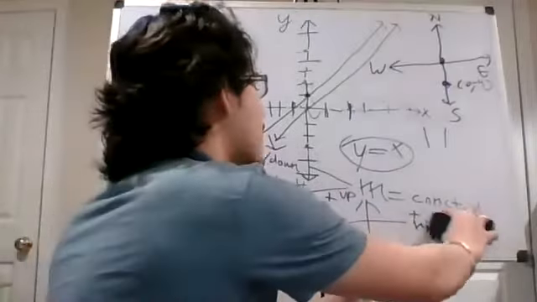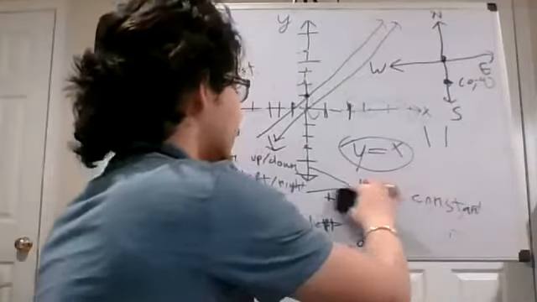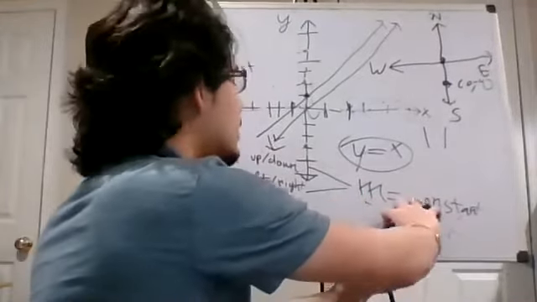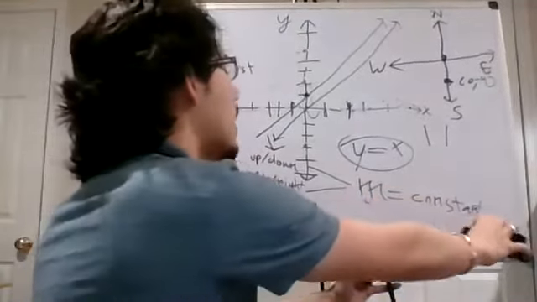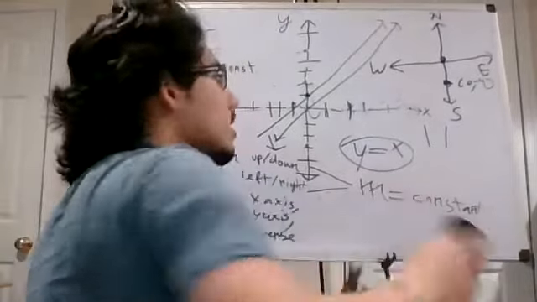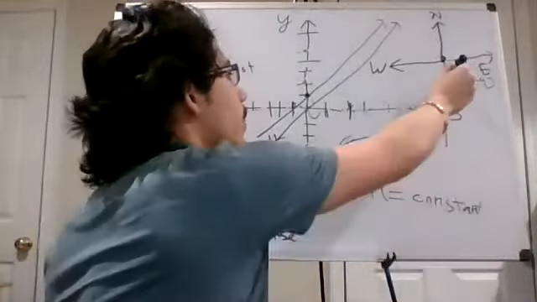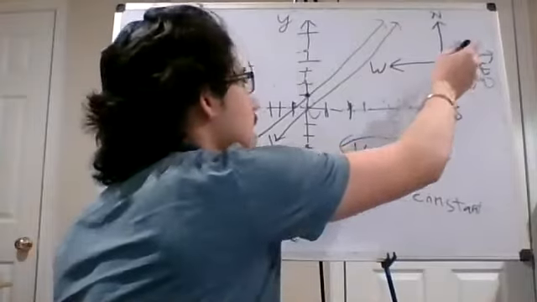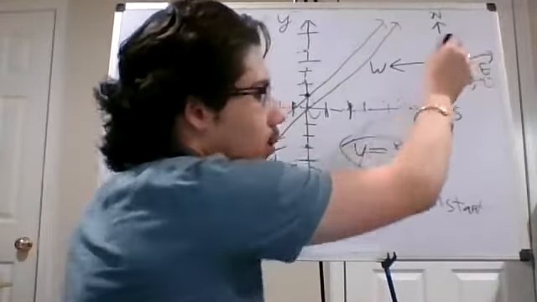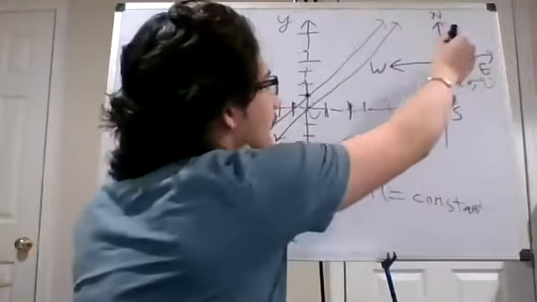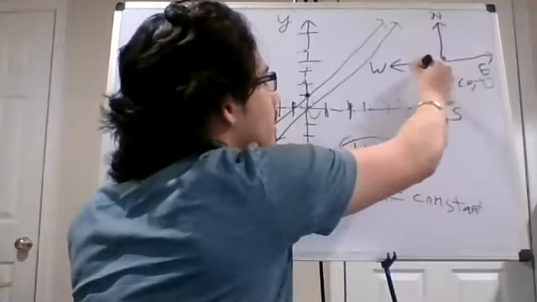However, if you were to say magnitude, magnitude simply means how far away it is from the origin. So since this point is at -4 on the y-axis, it is simply 4 meters away from me.